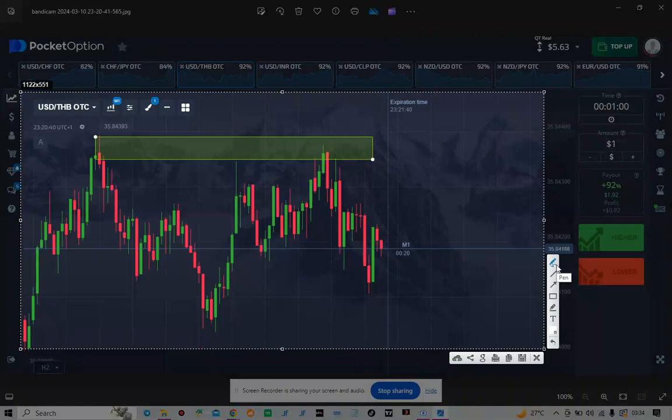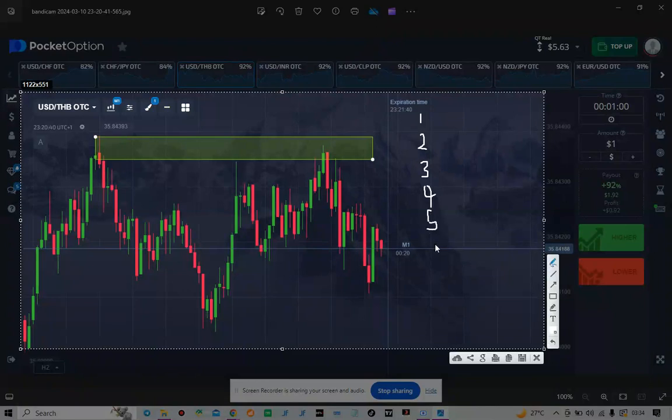Whenever you are trading, there are different ways I trade the binary option. I trade supply and demand. I trade support and resistance zones. I trade rejection zones, reversal zones, and the flip zone.